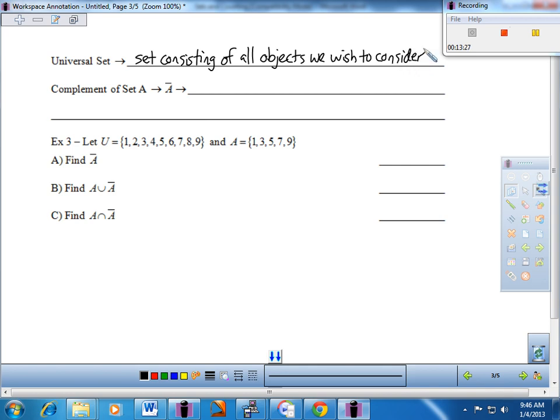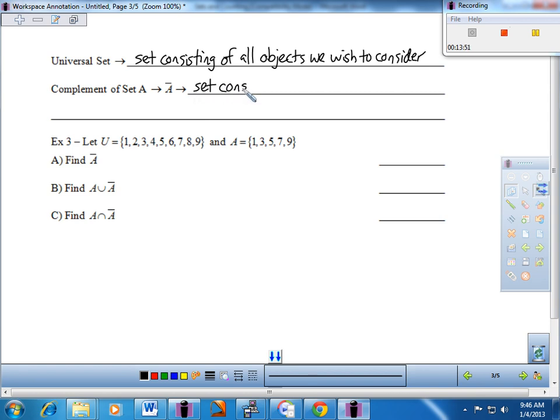All right, now from there, we're going to start talking about relationships of sets. And so the next piece, everyone, as you can see on your paper, is what's called the complement. So the complement of a set, and here's the notation we're going to use, with just a little horizontal segment right above the set notation. And so in this case, the complement is going to be a set unto itself.